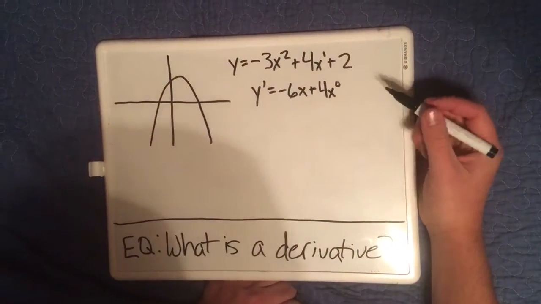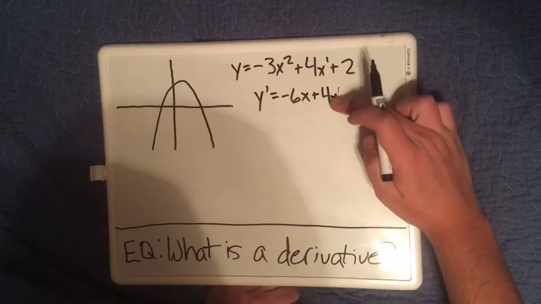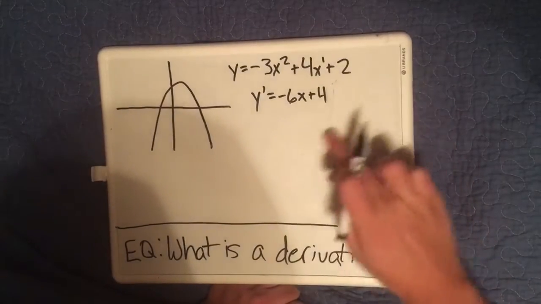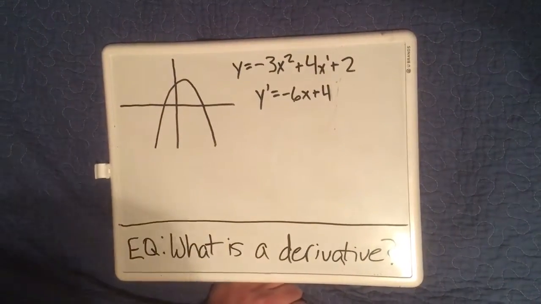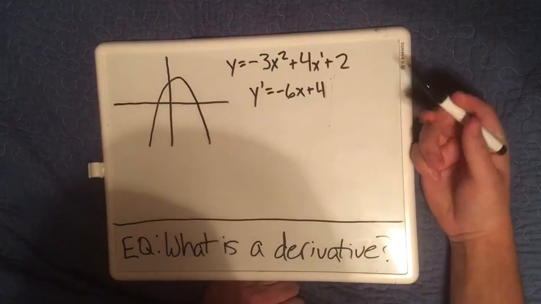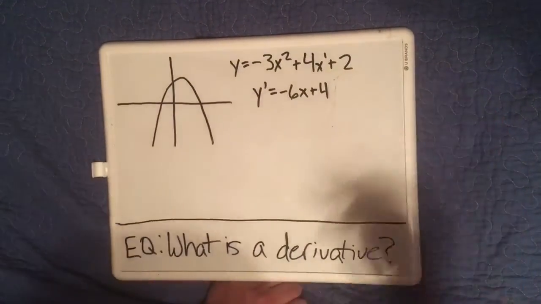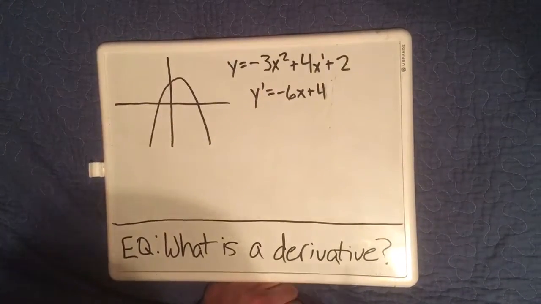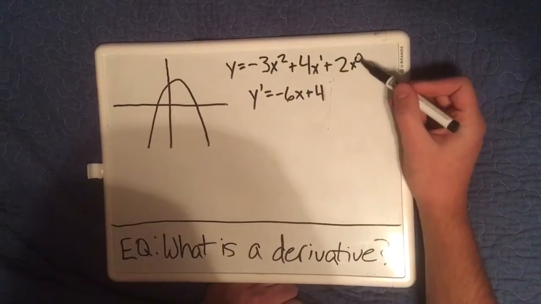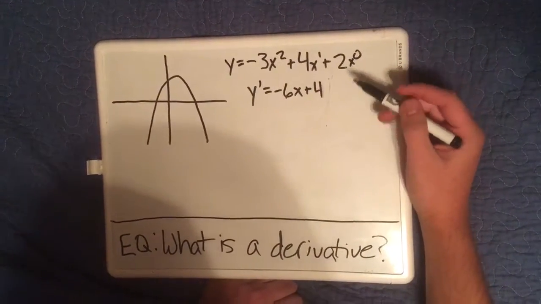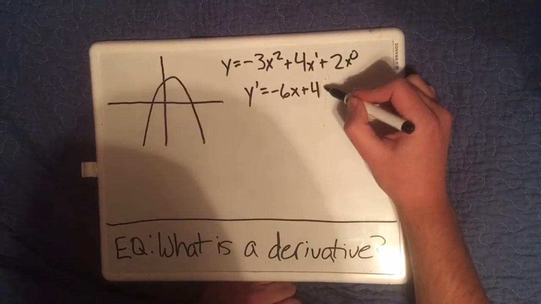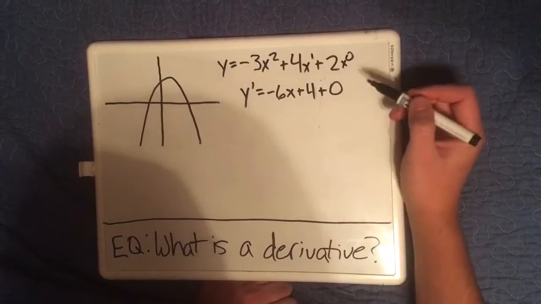Well, anything to the 0 power is equal to 1, so we're just going to go ahead and erase that x. And then lastly, you have just the term 2, which is not really a coefficient, and you can look at this as 2 times x to the 0. So when you bring down that 0, 0 times 2 equals 0. So this is negative 6x plus 4 plus 0.